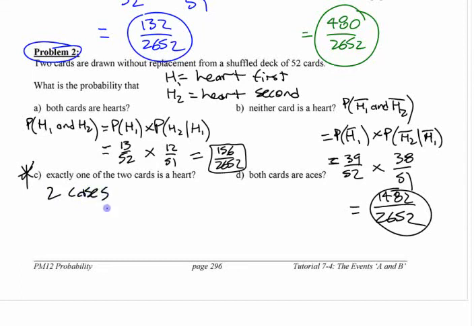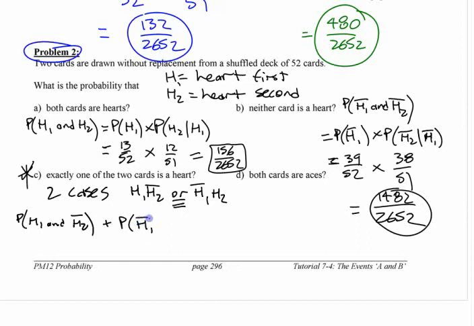You can get a heart first and not get a heart second, or you can get not a heart first and a heart second. You got to include both of those, right? So you want chance of heart first and not a heart second, plus, because of the or, the other case, which is not getting the heart first and getting the heart second.